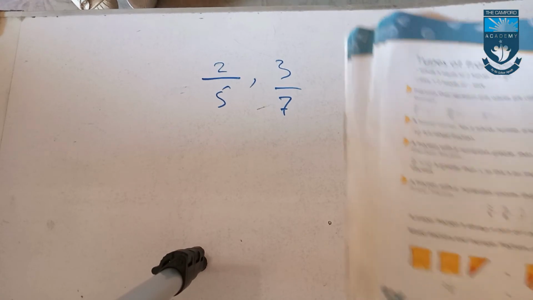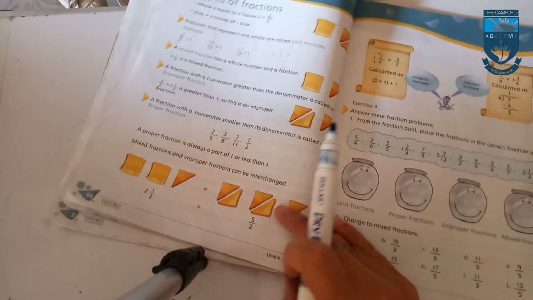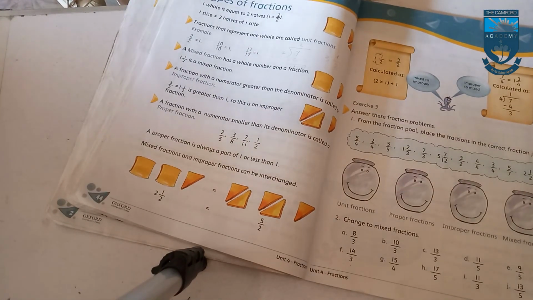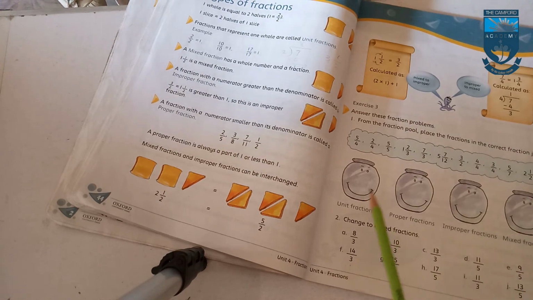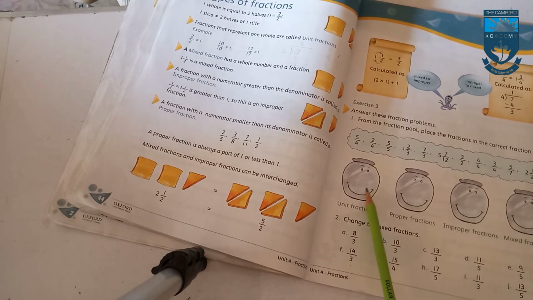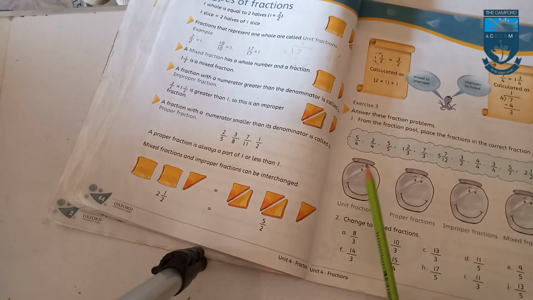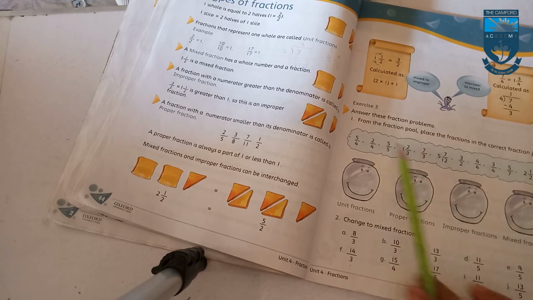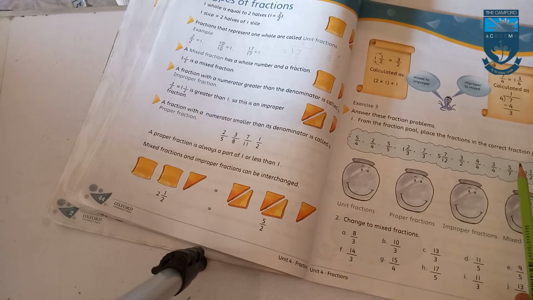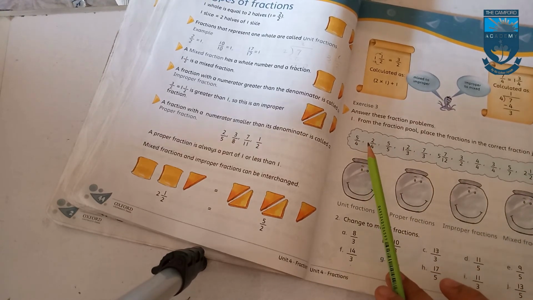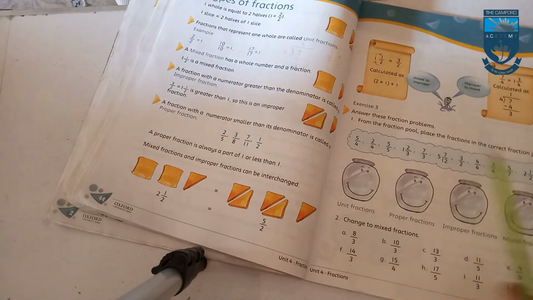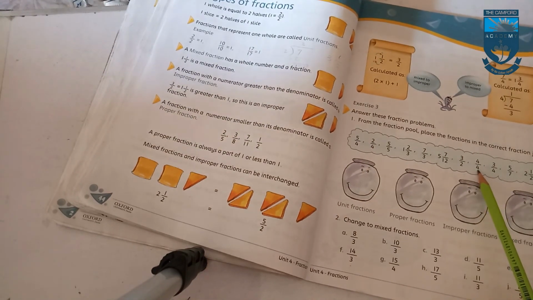Okay, now you have to complete your exercise number 3. In exercise 3 you get the jars over here, for unit fractions. All the unit fractions have to be picked from this cloud. You have to pick the numbers that divide completely, like 4 over 4.